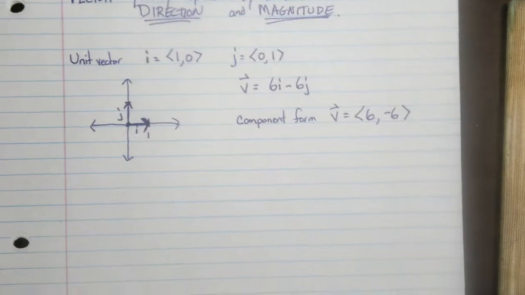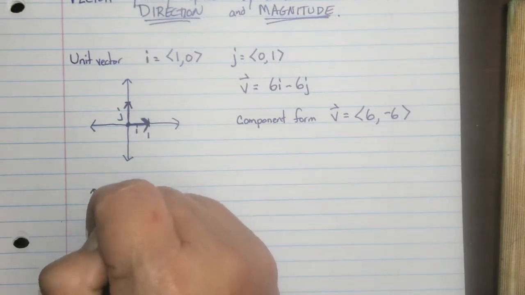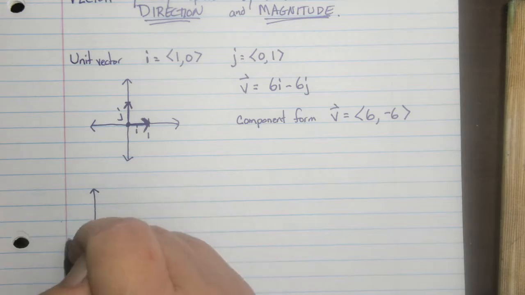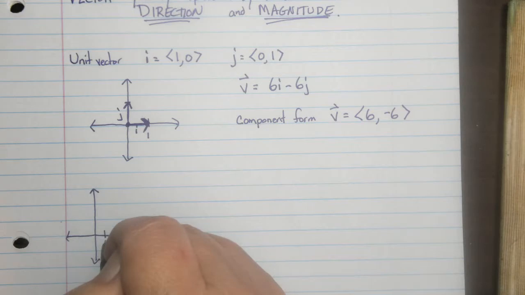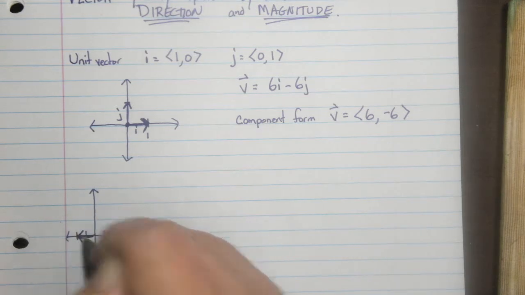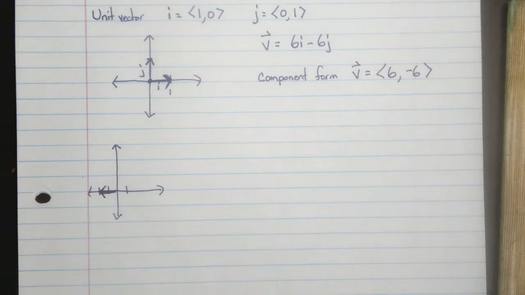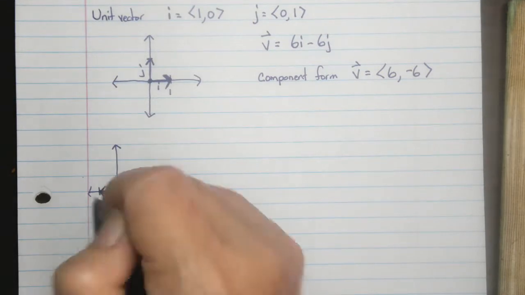So sometimes your vector might just lie on your axis. So I could have a vector that's right there. Let's call that vector k.